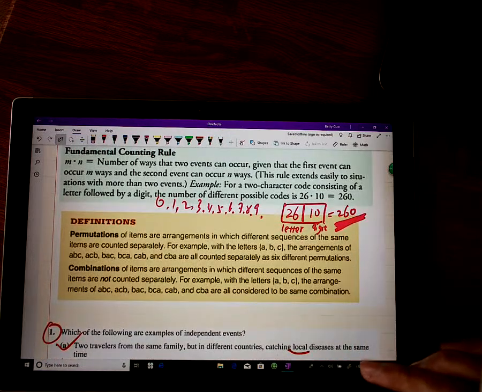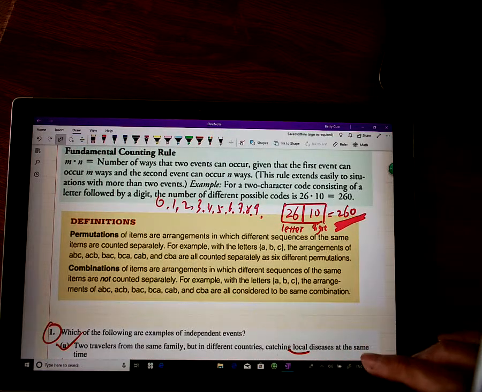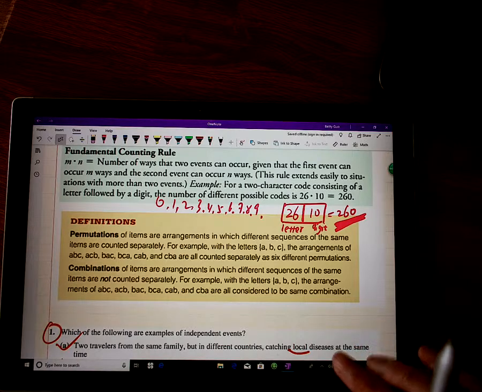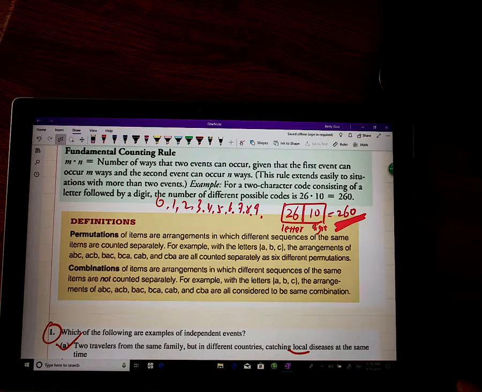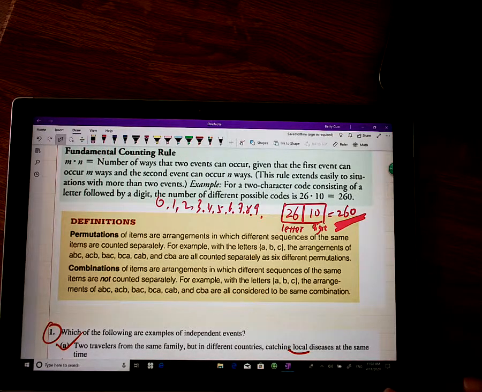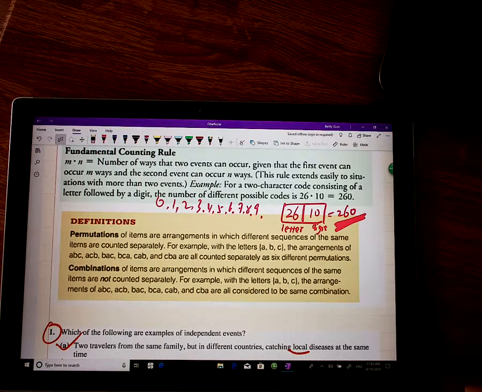Alright, permutations and combinations. Let's try to understand the formal definition. Permutations of items are arrangements in which different sequences of the same items are counted separately. For example, with the letters ABC, the arrangements ABC, ACB, BAC, BCA, CAB, CBA are all counted as different permutations.